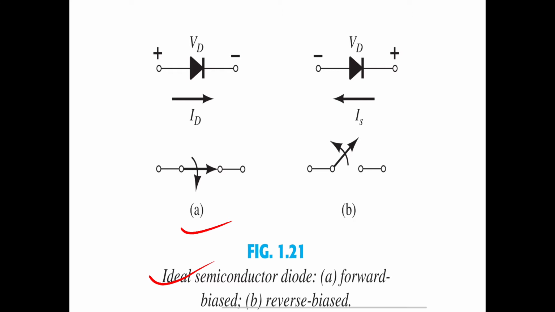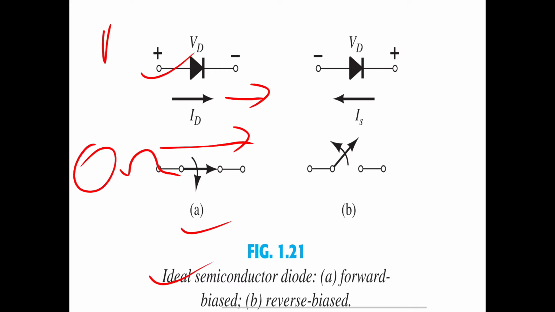The forward bias diode acts as a closed switch, which means the resistance will be equivalent to 0 ohm and the current will flow in this direction. And this is for the practical diode, where the diode current ID is flowing in the forward direction, from the anode to cathode.